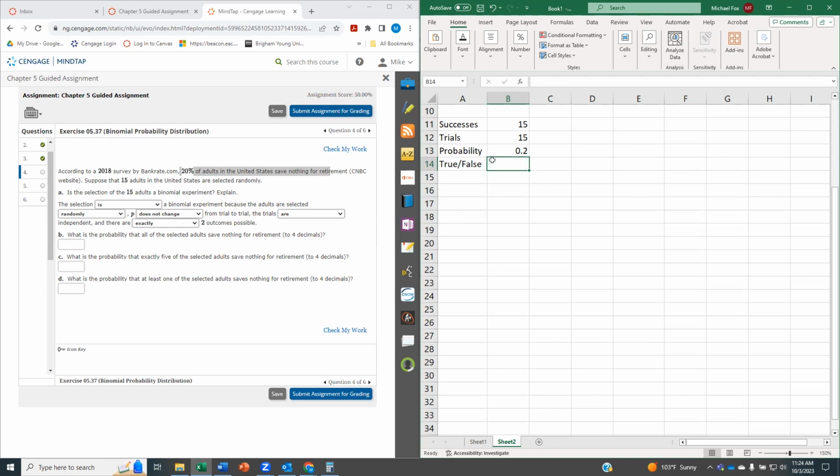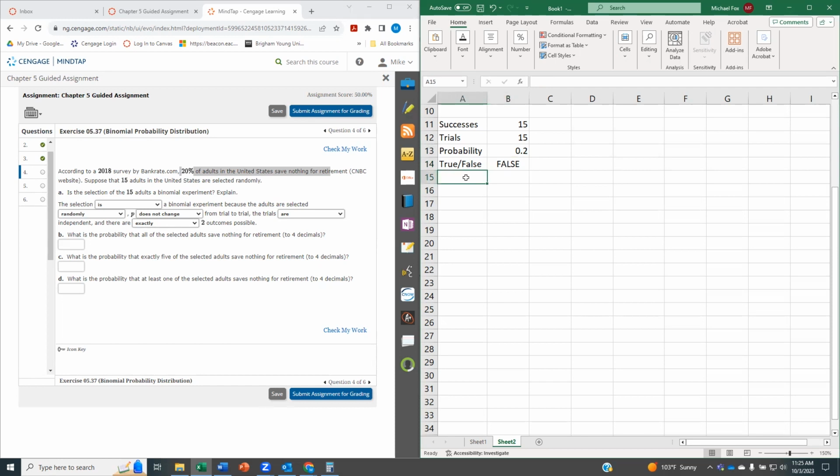So in this case, the best way to put this is, what's the probability that exactly 15 people say this? Okay. So when we say false, we're saying, what's the probability that exactly this number occurs? And when we say true, we're saying, what's the probability that this number or less gives us this response?